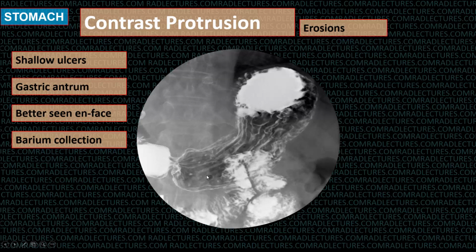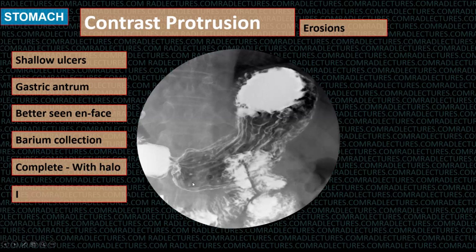Now, if they have this halo, dark halo around them, they are called complete erosions. If there is no dark halo, then they are incomplete erosions. The reason you should know about incomplete erosions is because it can be difficult to recognize them. Most of them, though, have a halo on them.